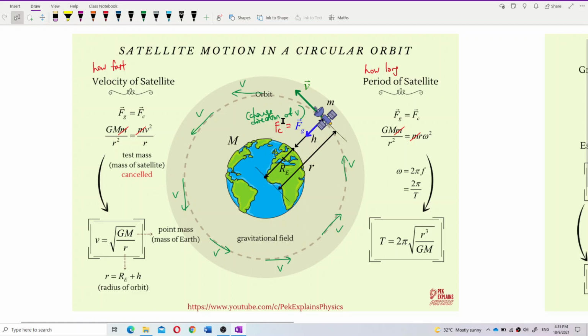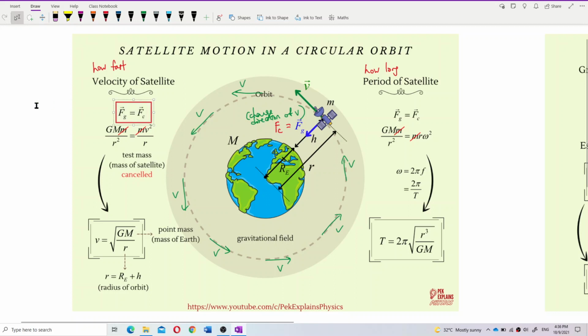By using this concept from the chapter on circular motion, the gravitational force equals the centripetal force, Fg equals Fc.